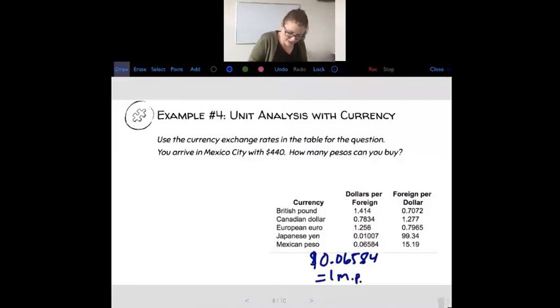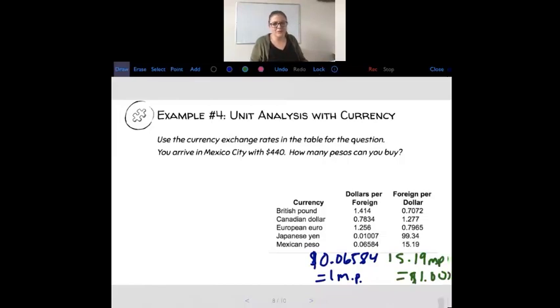Okay. When this says foreign per dollars, you would start with what's given in this column here. The 15.19. So this is 15.19 Mexican pesos per $1. Okay. So I'm going to use a different color. Is equal to $1. Okay, so I would recommend understanding those two columns first before jumping into the calculations.